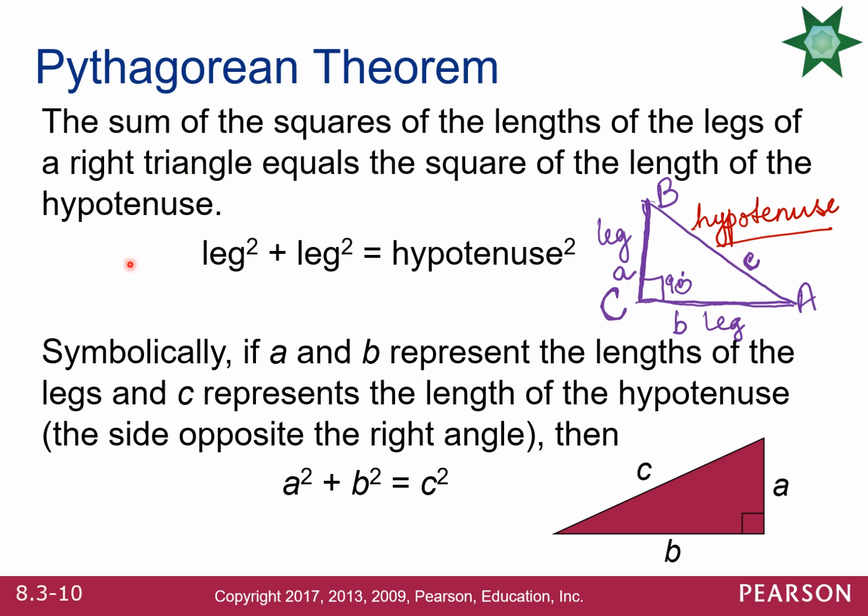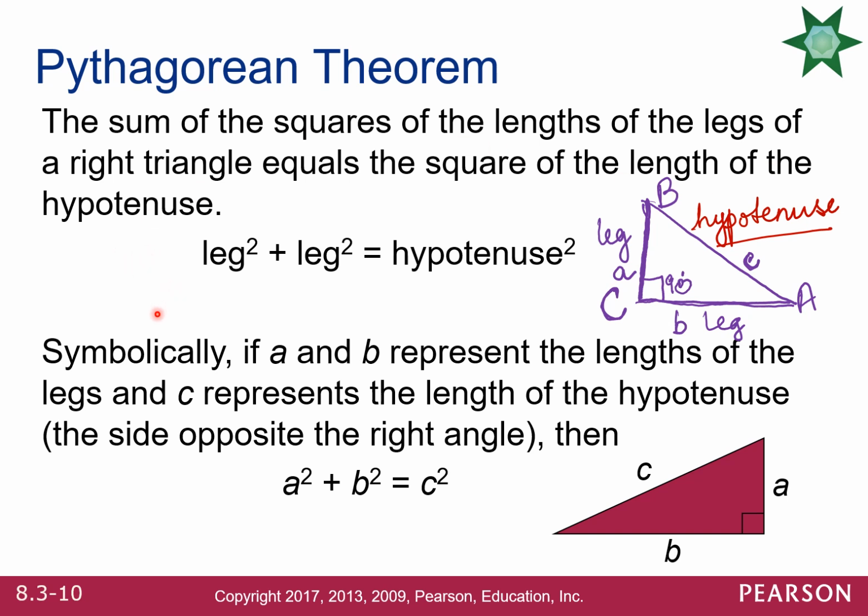Now, the Pythagorean theorem is credited to the Greek mathematician Pythagoras, and he came up with this: the sum of the squares of the lengths of the legs of a right triangle equals the square of the length of the hypotenuse.